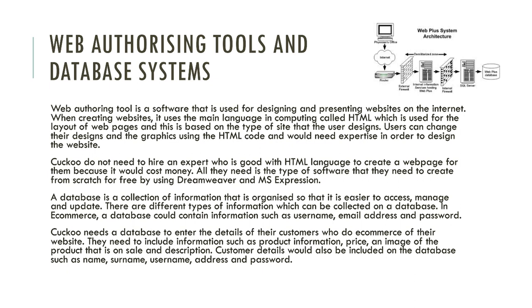Customer details will also be included in the database, such as name, surname, username, address, and password. As I mentioned, they need to know who you are, and the product that you decide to purchase.